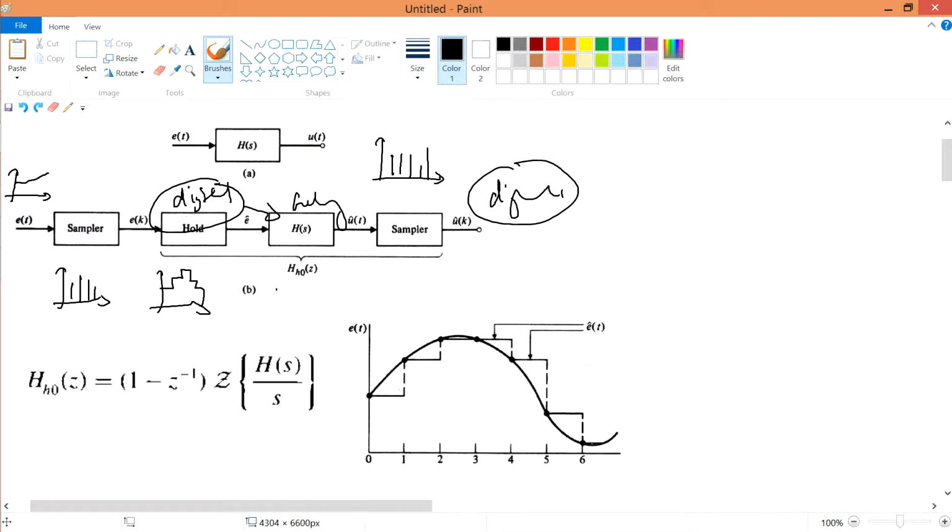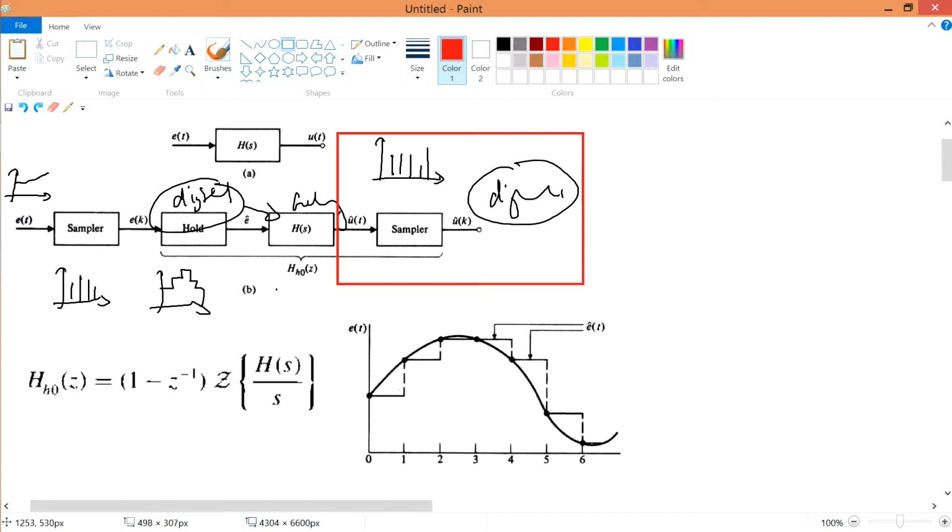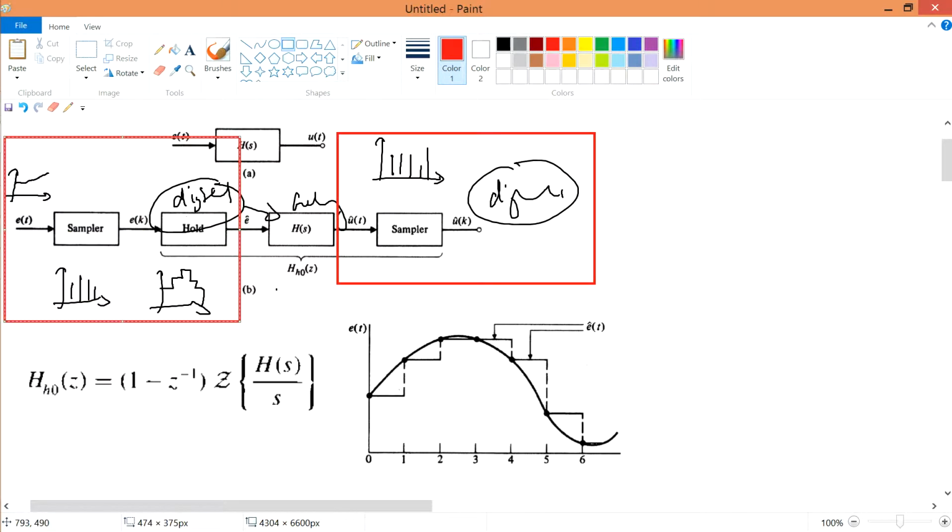So in other words, this thing over here is equal to this portion over here. This thing is simply your Laplace domain, because in order to convert digital back to the time domain, you need to go through Laplace first and then convert to the time domain.